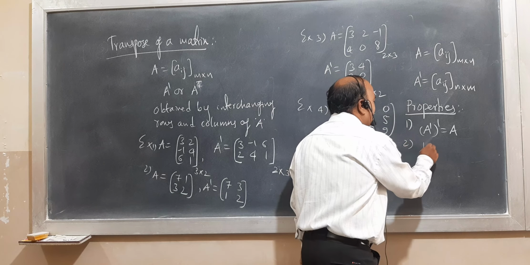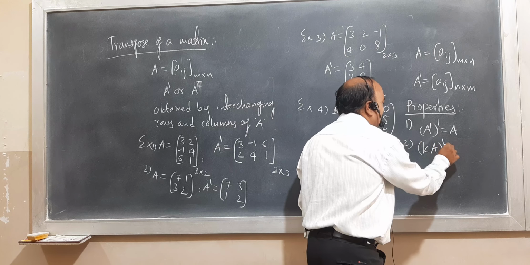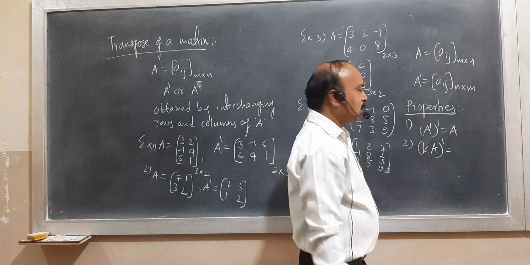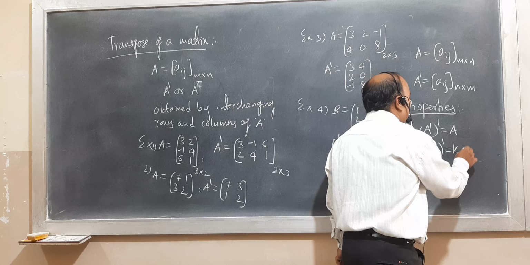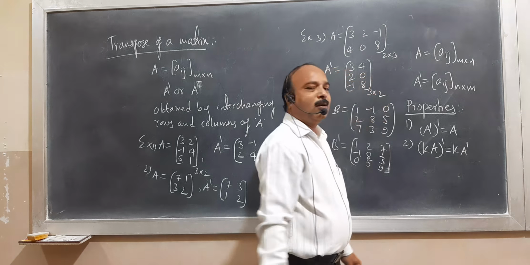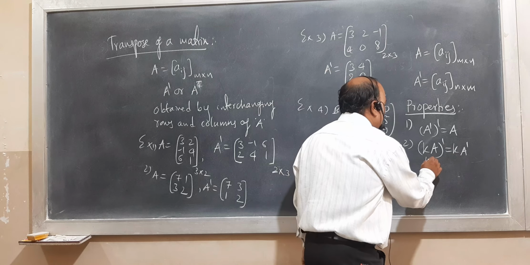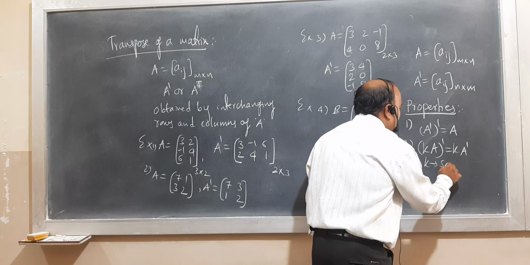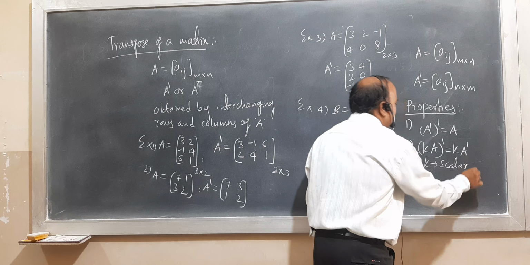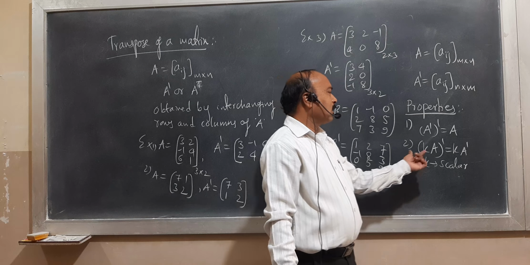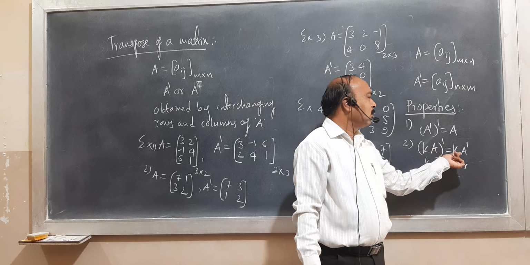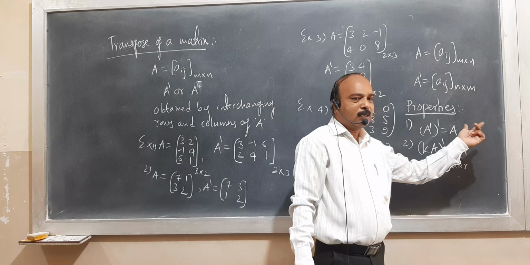Second one: (K into A) whole dash equal to K into A dash, where K is any constant or scalar. If you take the transpose of K into A, it is equal to K times A dash.